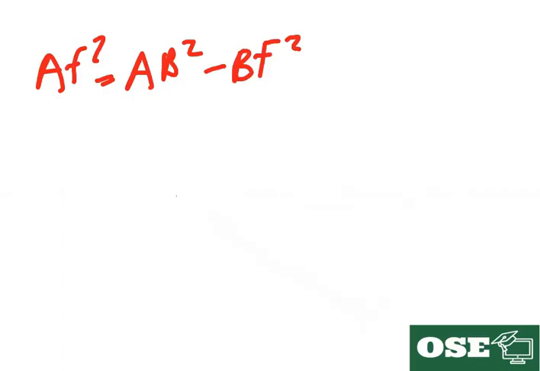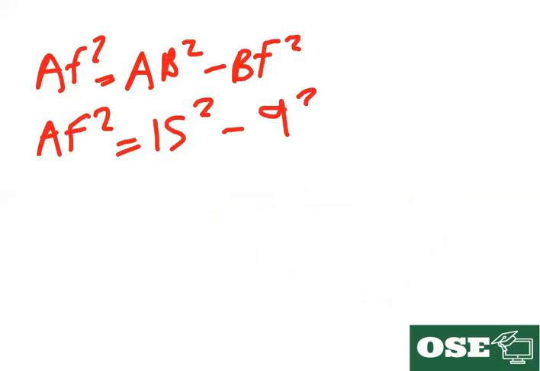So AF squared is equal to 15 squared minus 9 squared. AF is equal to, let's calculate, 12.